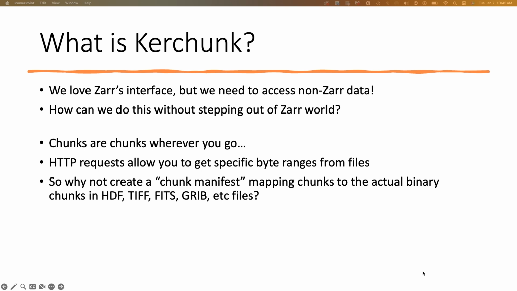Any data format that stores chunks must by definition store them as some vector of bytes. And if you give me a vector of bytes and I know what you've done to it, I can probably undo that. So we know that HTTP requests allow you to get specific byte ranges from files.